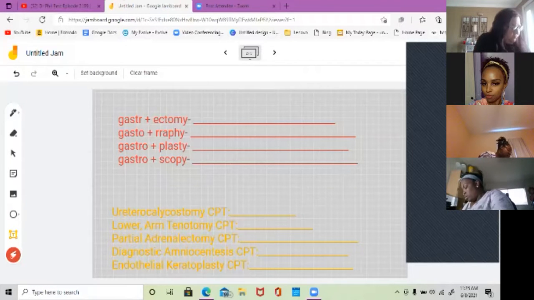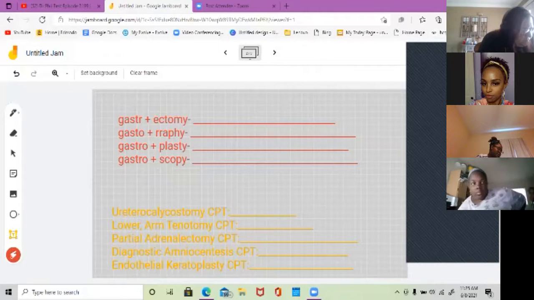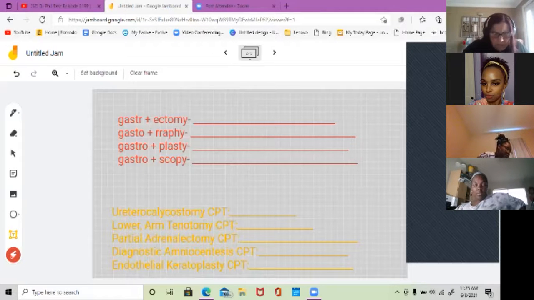I went too far. It's on page 445. So 60540 says adrenalectomy, partial or complete, or exploration of adrenal gland with or without biopsy, transabdominal, lumbar, or dorsal, separate procedure.